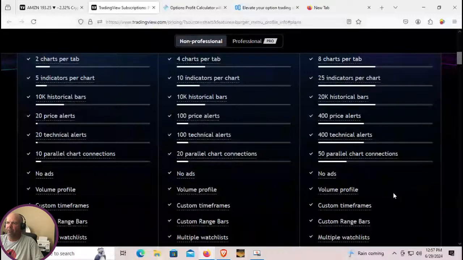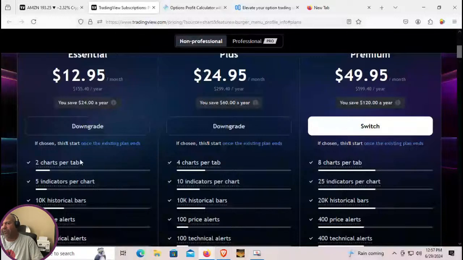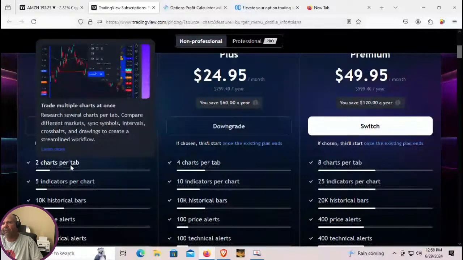I have to double check a couple of the things used here. If I downgrade, it's Plus, which is 24.95. I had this one before. The Essential is 12.95, with 2 charts per tab.